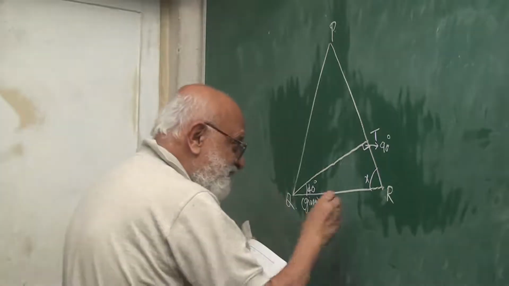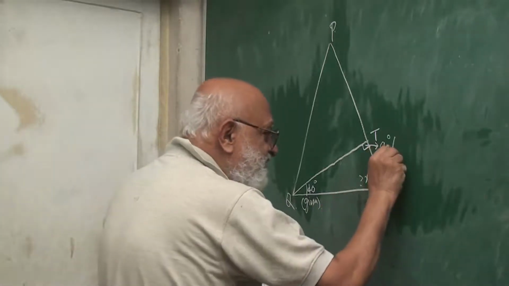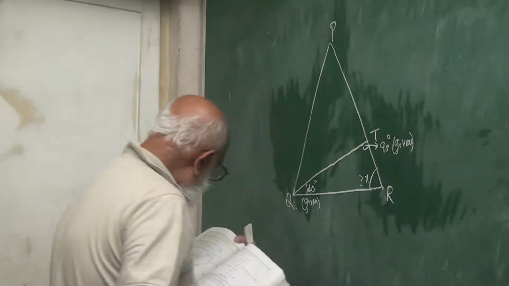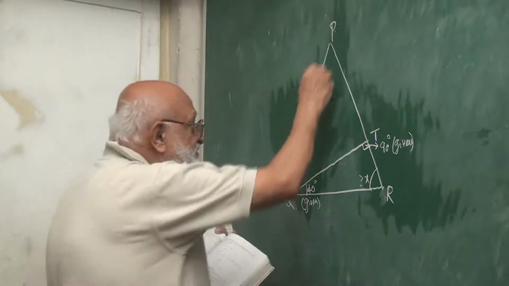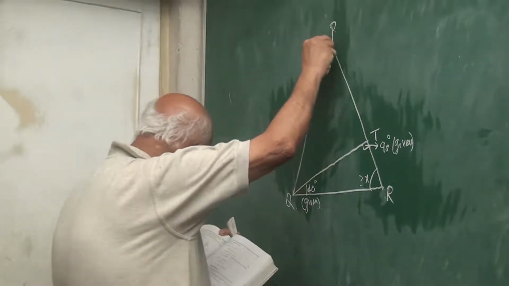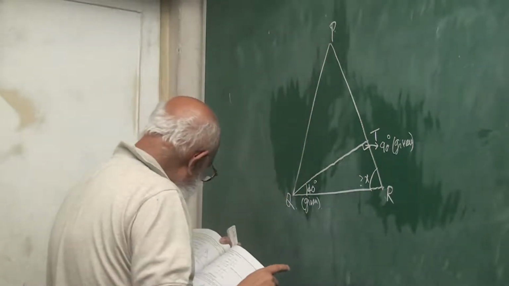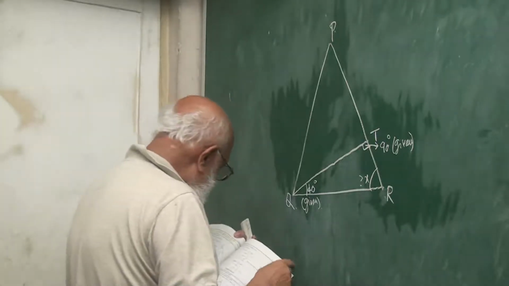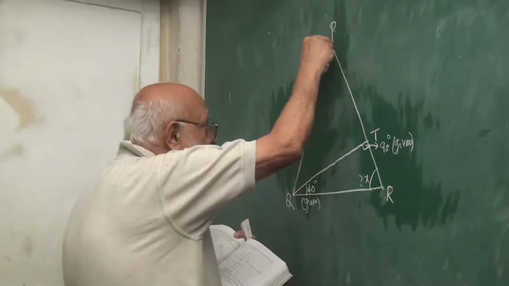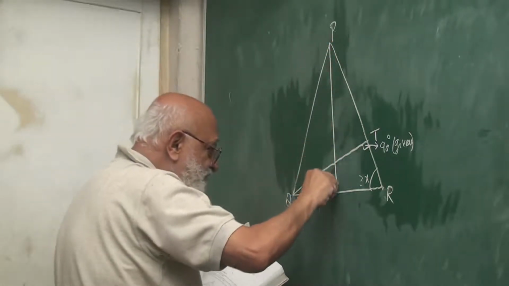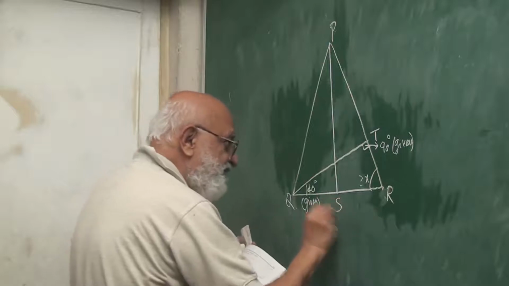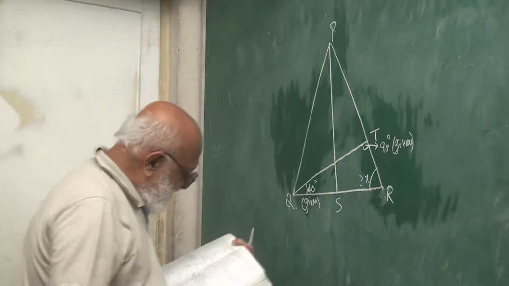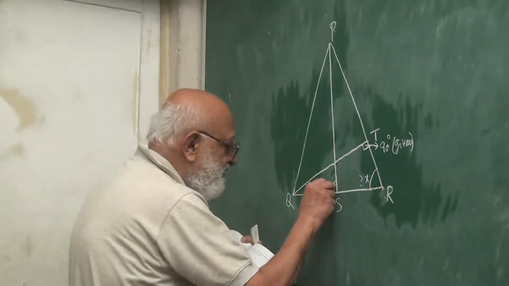This is X, which we have to find out. Now there is a line from here, and this line is not a perpendicular bisector, but it is drawn, so I don't get any advantage out of it. S is given here. And this angle, it says, is Y.